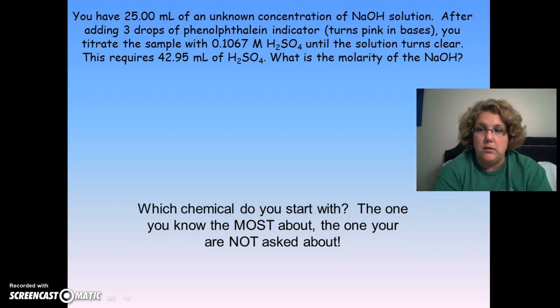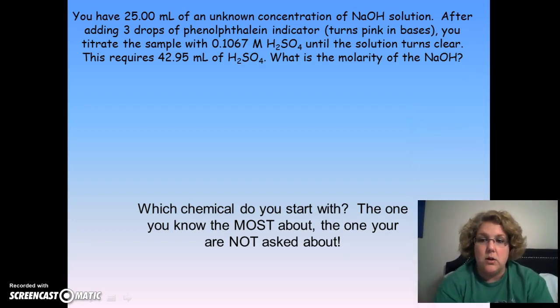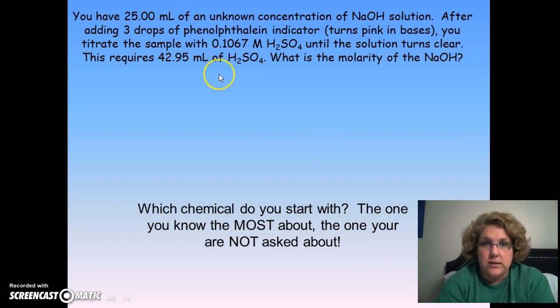And remember the other rule of thumb, start with the number that tells you how much. So 0.1067 only tells us how strong or concentrated the acid is. It does not tell us how much we have of it. So start with the chemical that we know the most about, that we're not being asked to solve for.